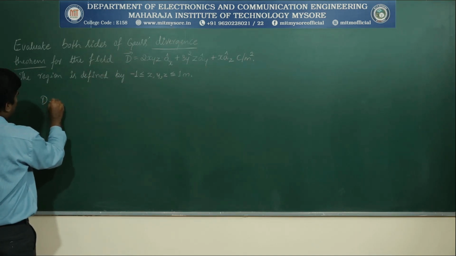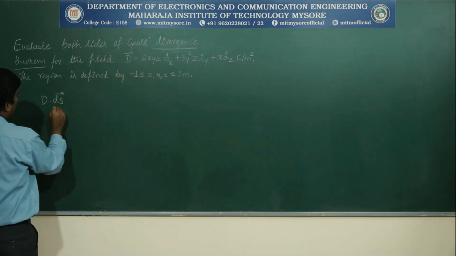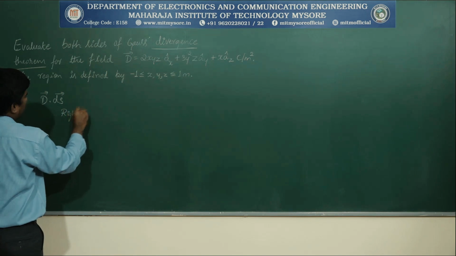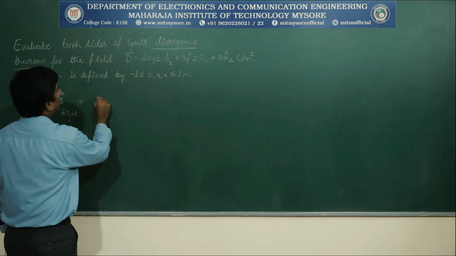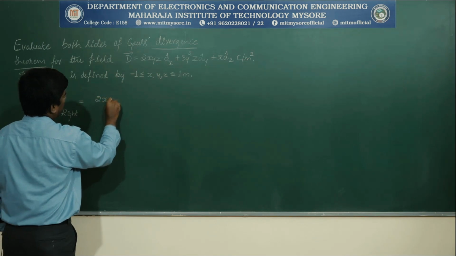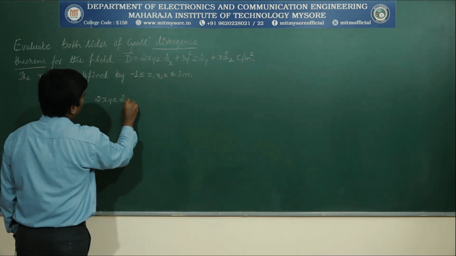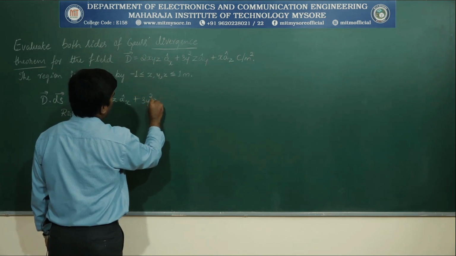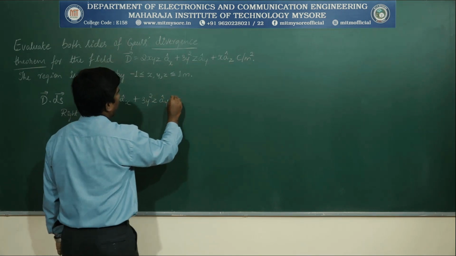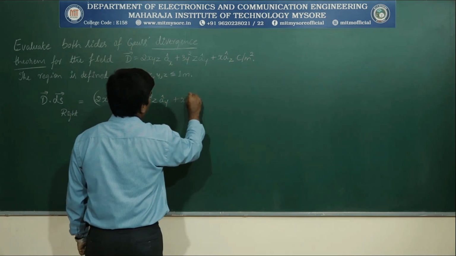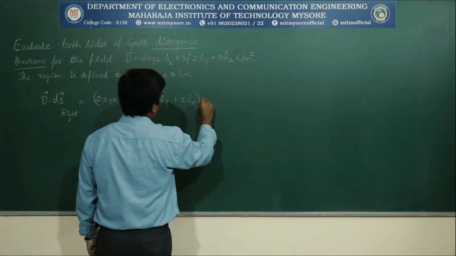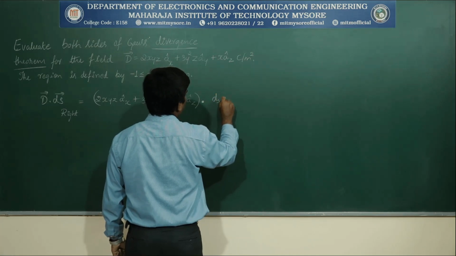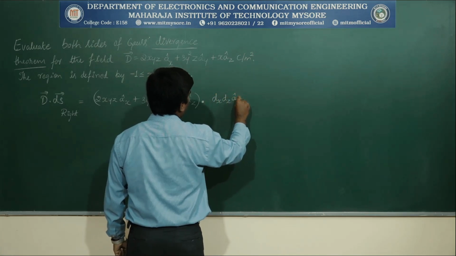So D dot ds for the right surface is equal to, what is D? 2xyz a cap x plus 3y square z a cap y plus x a cap z into what we are going to get? dx into dz into a cap y.